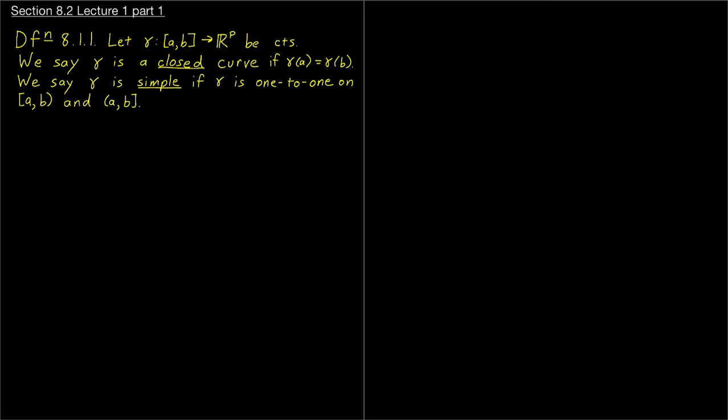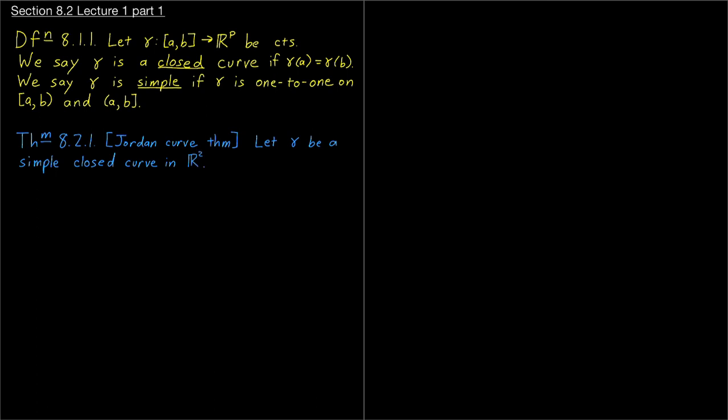This is a very well-known, very important, and surprisingly hard to prove theorem in topology. This is the Jordan curve theorem. Let gamma be a simple closed curve in R^2.